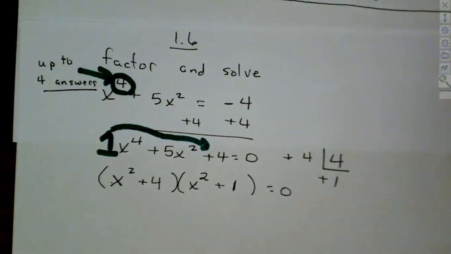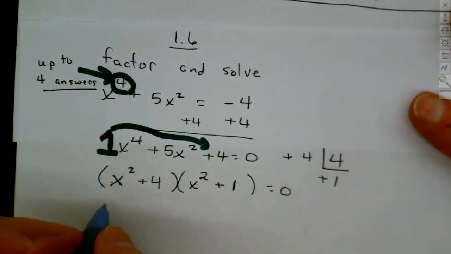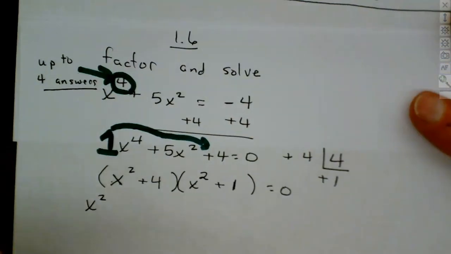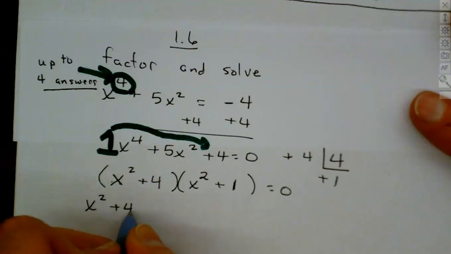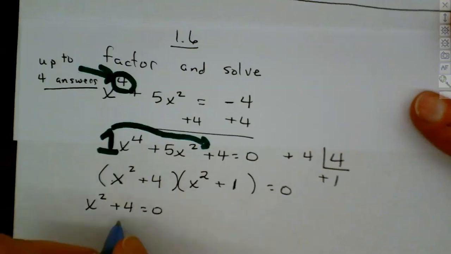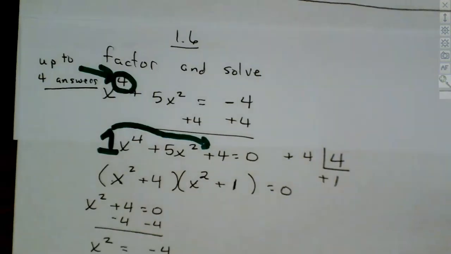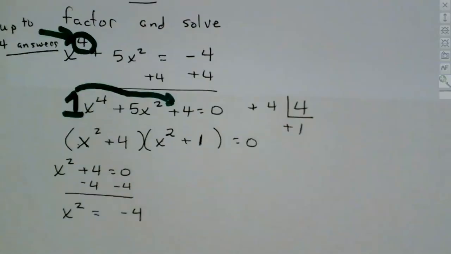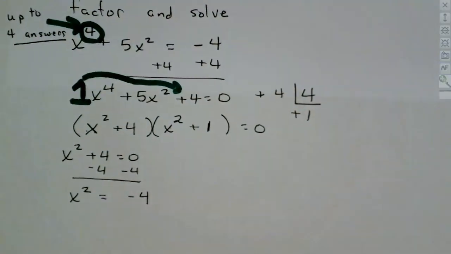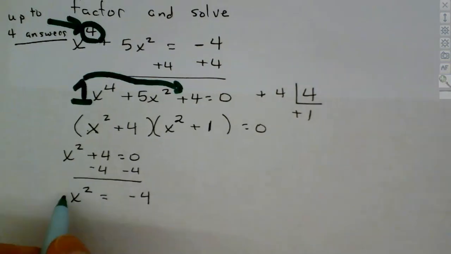So let's start with our first one. Our first one is x squared plus 4 equals 0. So we'll move our 4 over, and now we've got x squared equals negative 4. How would I get rid of the x squared here? Someone tell me what I would do next. Square root. Okay, and this makes us remember what we learned back in 1-3.